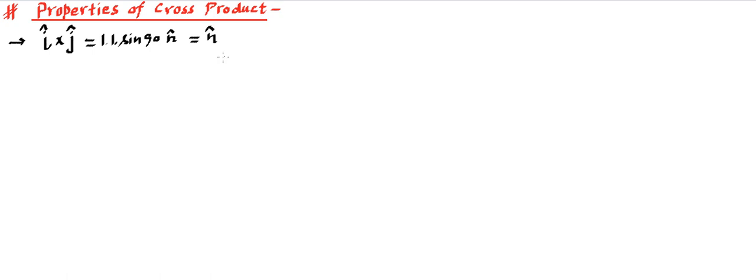Now this gives us an important conclusion that the cross product of two unit vectors is a unit vector. That means the cross product of two directions is another direction. Making sense? Now let's try to identify which direction this indicates. To identify this direction of n cap, let's use this right hand coordinate system.